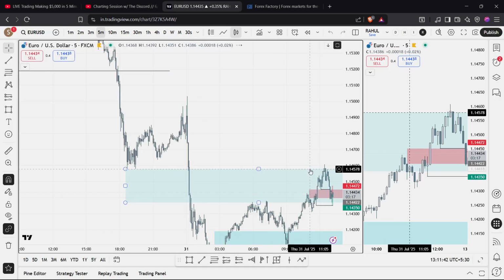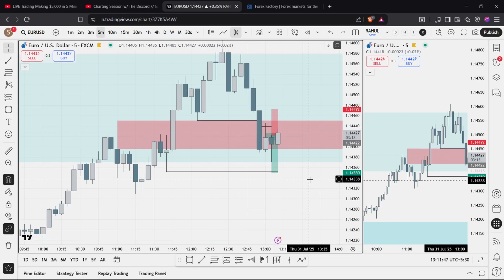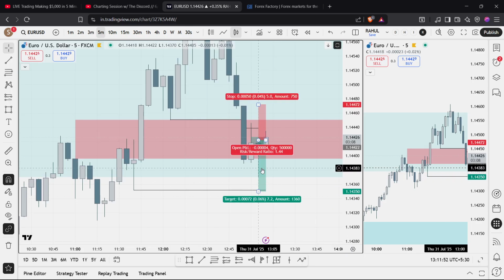Now today's trade has gone back to loss. Let's see what happens. It didn't get there.